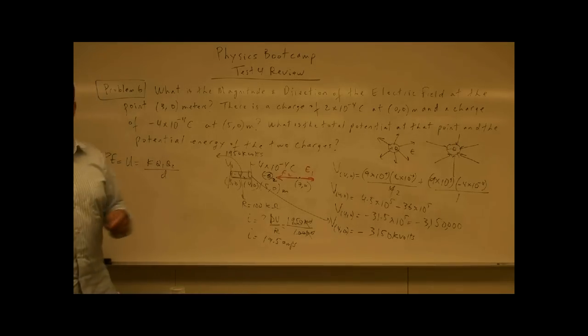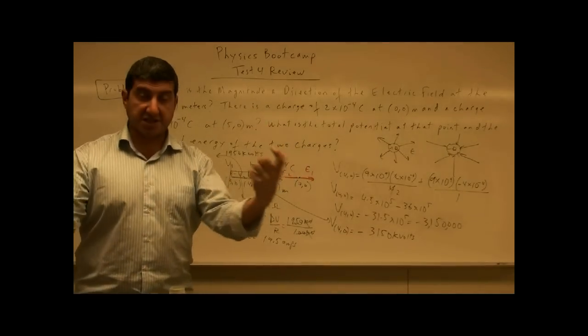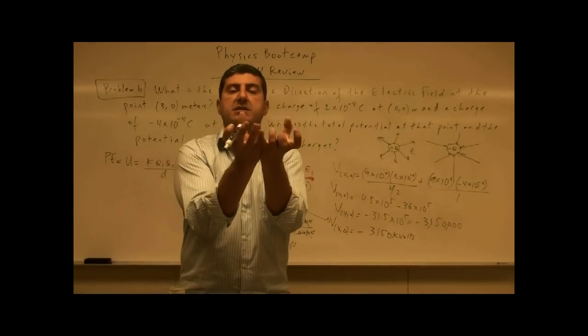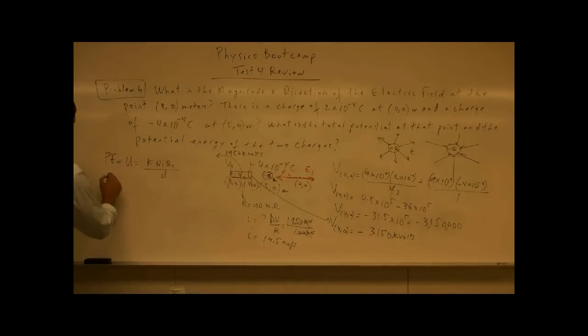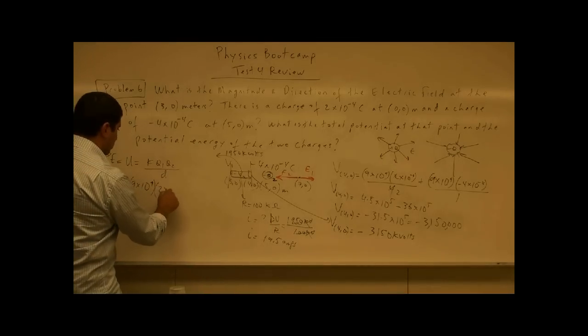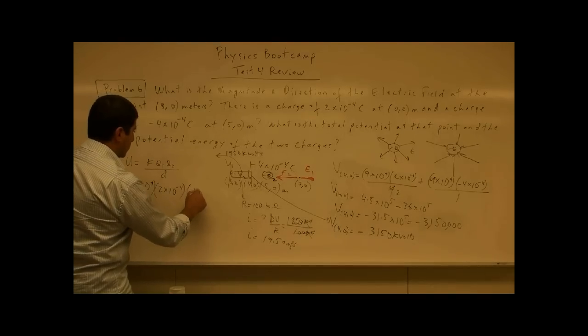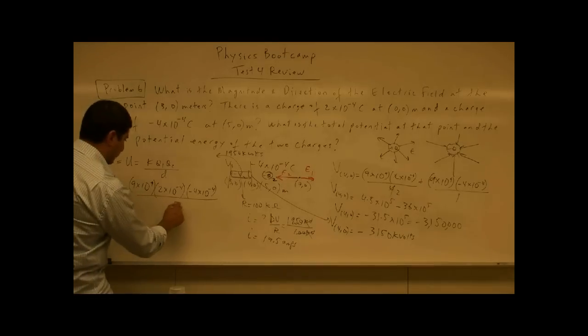This kind of problem, you're finding the potential energy of the system, so you're not finding it at a certain point. Basically, it's the potential energy of the two together. So you have to take the product of their charges, 9 times 10 to the 9th, times the 2 times 10 to the minus 4, times negative 4 times 10 to the minus 4, divided by the distance between them, which is 5 meters.